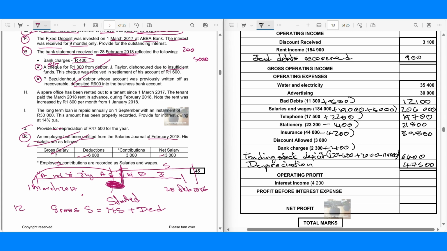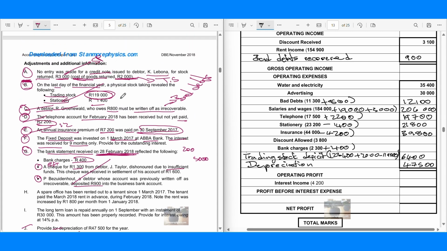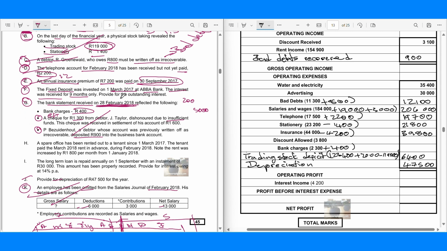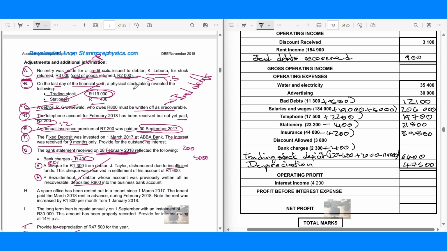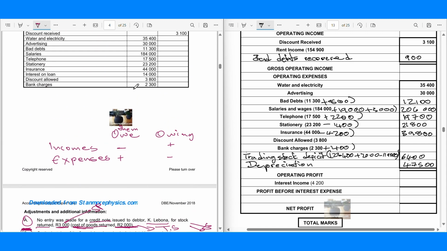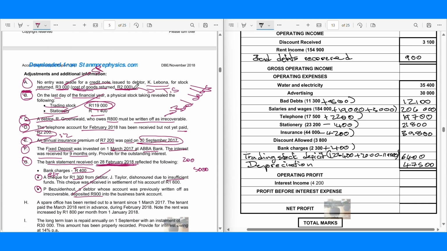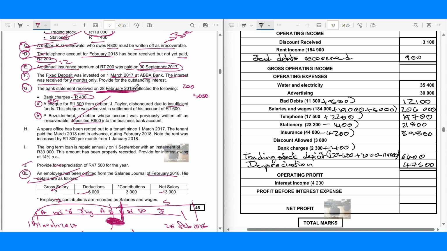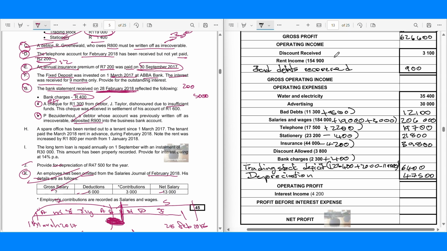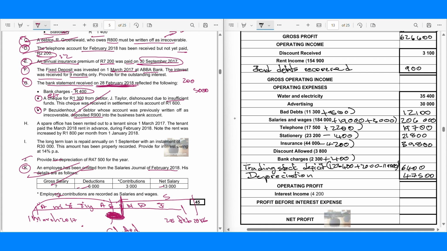So let's check discount allowed. What are they saying about discount allowed? So let's check. I think there's a transaction we need to check. Discount allowed. Let's check if we didn't skip any transaction. A spare office rented, no?